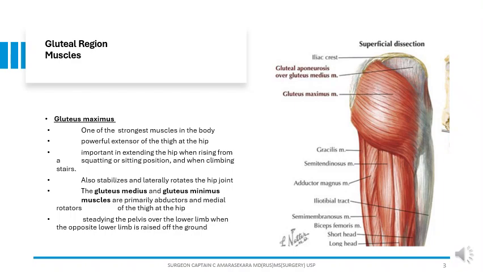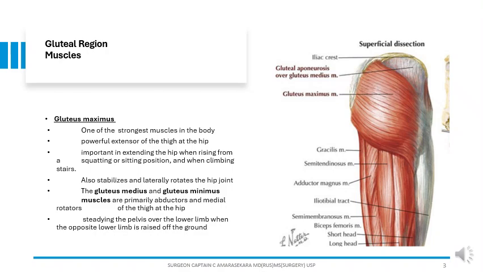The gluteus maximus is a powerful extensor of the thigh at the hip, especially active when rising from a squatting or seated position and during stair climbing or uphill walking. It also contributes to lateral rotation and stabilization of the hip joint, important for maintaining pelvic alignment and preventing collapse during gait.